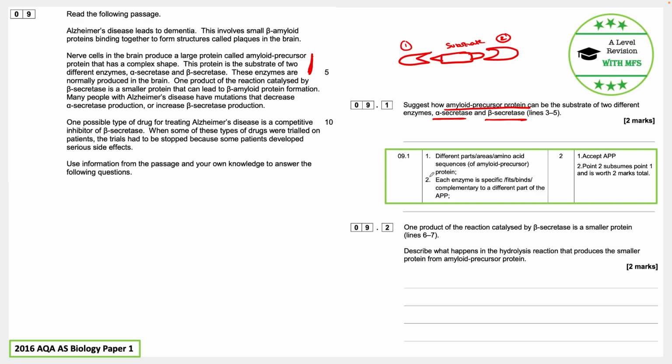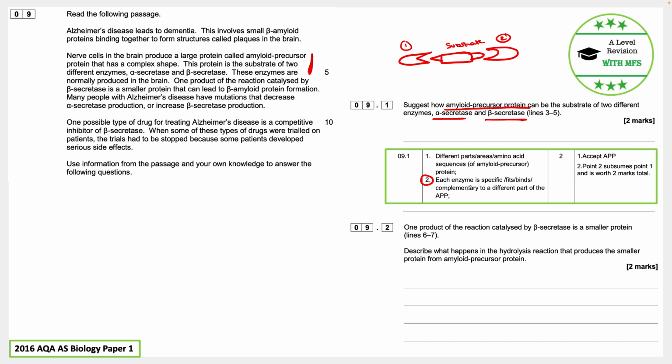If you write this second point, you will get both marks. So what this is getting at is that the 2 enzymes are specific to the same substrate as they have bound to different places on the substrate.